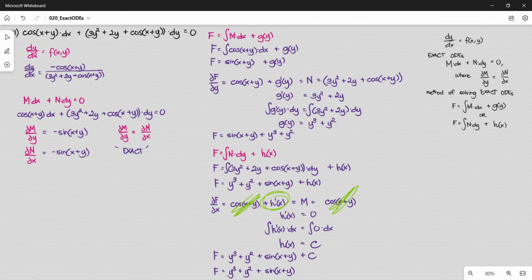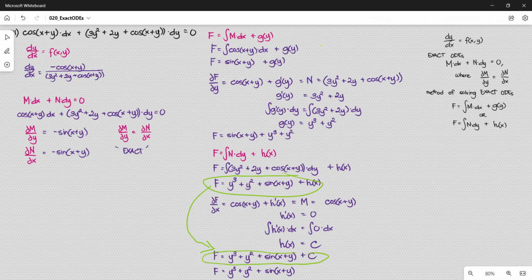So, ang h prime of x equal siya sa 0 since wala nang natira dito. Okay? So, integrate na lang natin both sides. Integral na to ay h of x. Integral na to ay c. So, constant na lang. Ipa-plug in na lang natin ito dito para makuha natin yung general solution. So, ito magiging ganito.